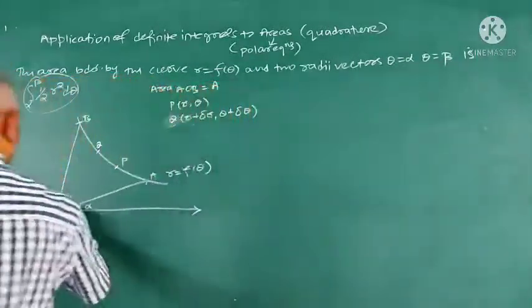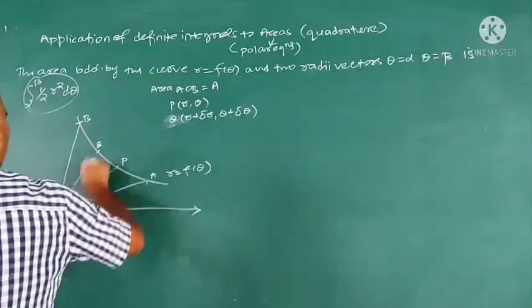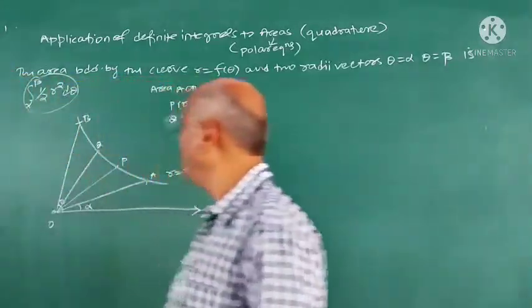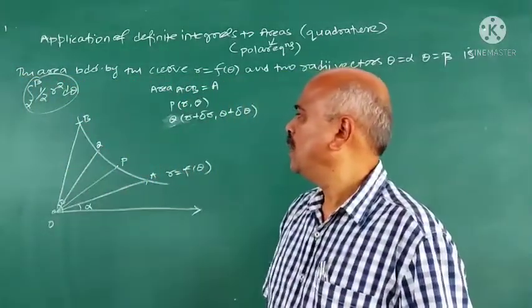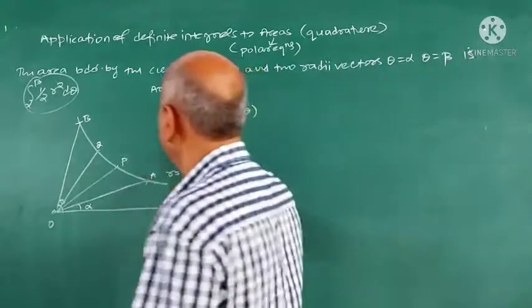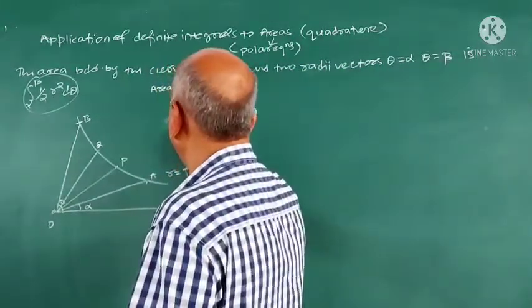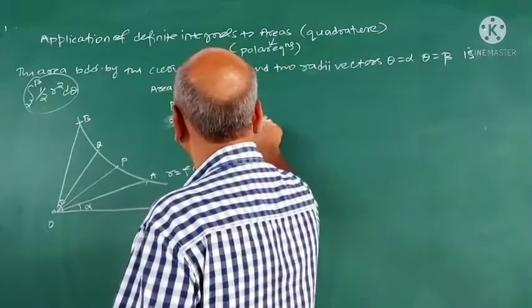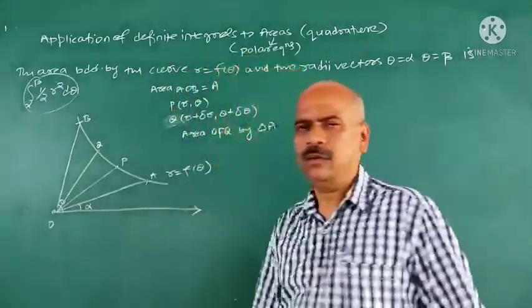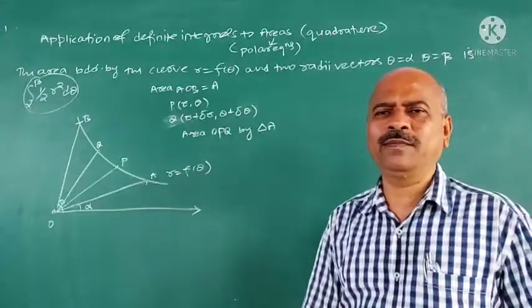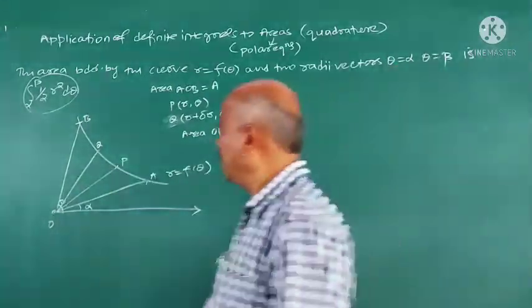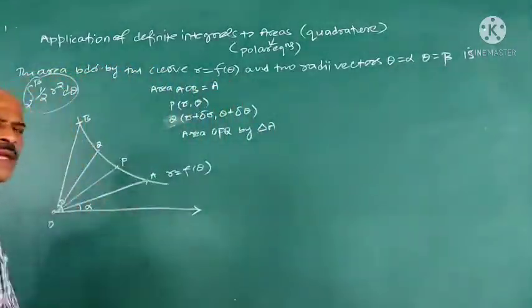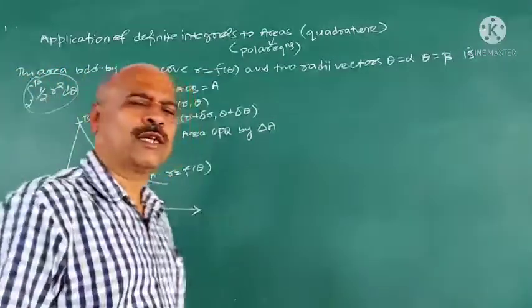Join this OP and OQ. Now I denote area OPQ by delta A. Then this delta A lies between two sectorial areas.